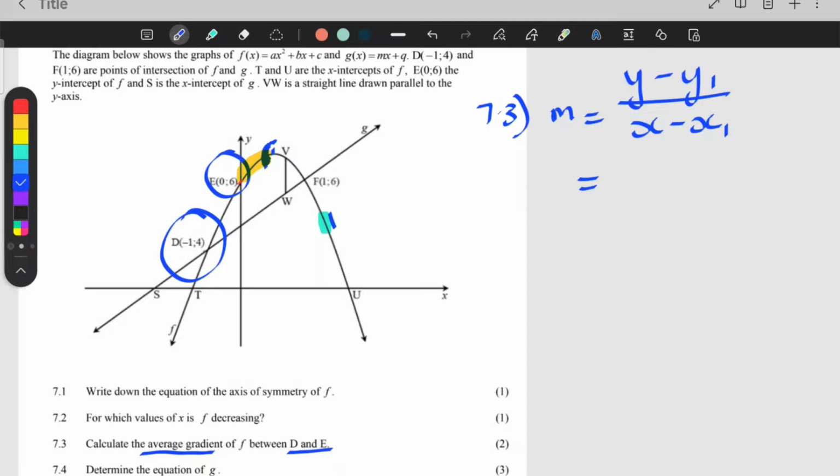So the y, y is 4 minus 6. So it's that 4 minus that 6. Then negative 1 minus 0. Put that in your calculator, and you will get 2 as your answer. So the average gradient between those 2 points is 2, and that is for 2 marks. So 1 for subbing and 1 for the answer.